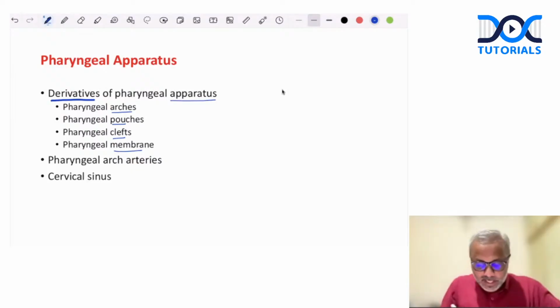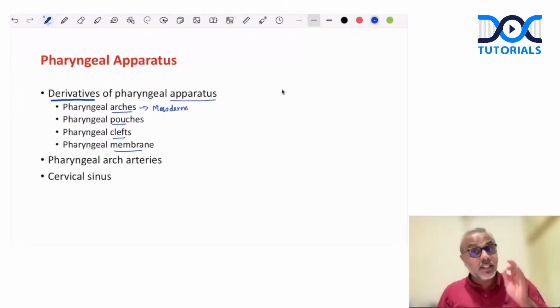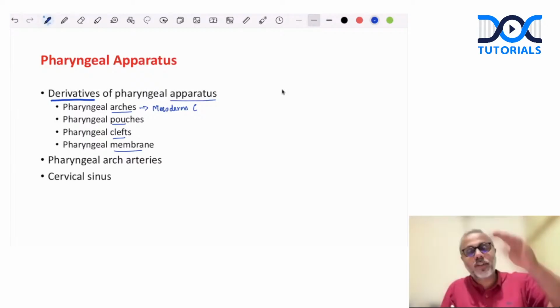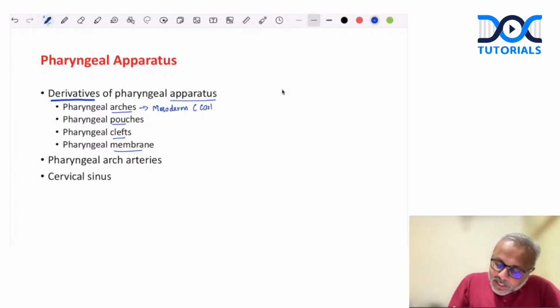If they specifically ask about arches, we need to remember that when we say pharyngeal arches, we refer to the mesodermal component. In the mesodermal component, we need to list down in the form of a tabular column, prepare a table showing the derivatives of the cartilage, the muscular derivatives, and the nerves supplying them.